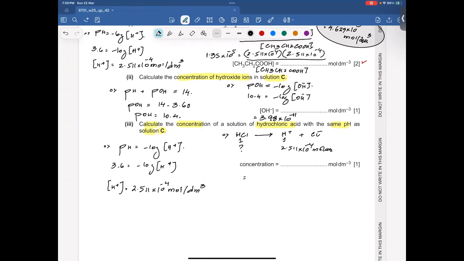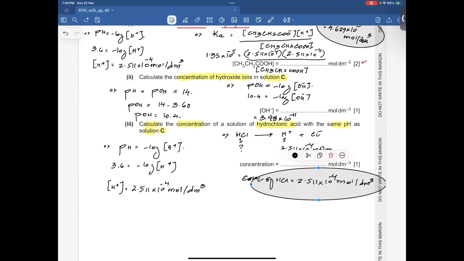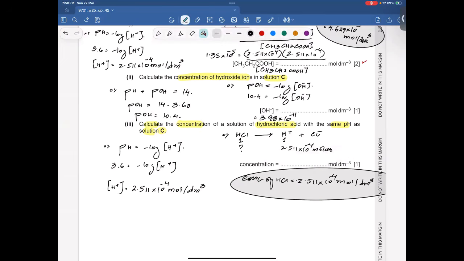And that's basically 2.511 × 10^-4 mole per dm cube. Okay, so that's the answer for the concentration of hydrochloric acid. I hope it makes sense to you.